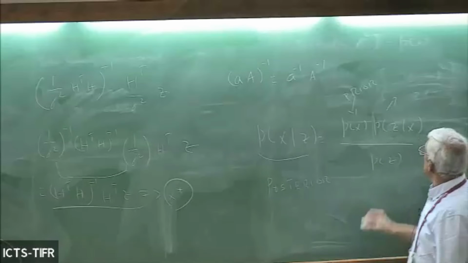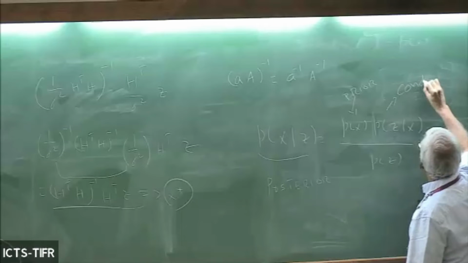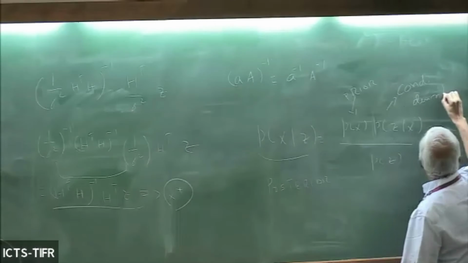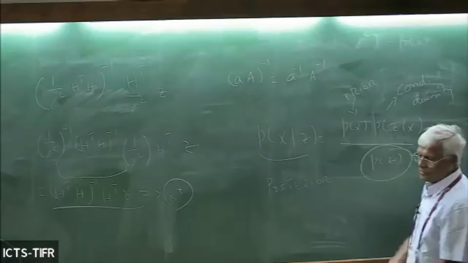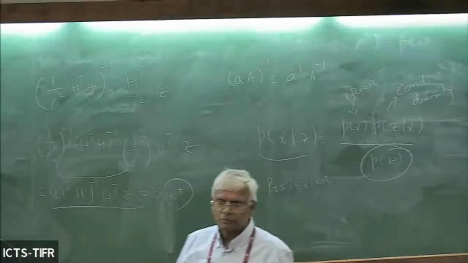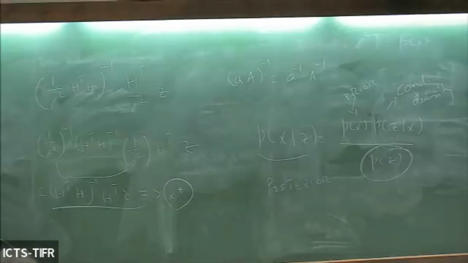A more common terminology is conditional density. This is simply a normalizing factor. So here, I'm not updating my belief in the opinion space, but I'm updating the opinion in the probability distribution space. Are you with me? I want you to understand which space you are working in.